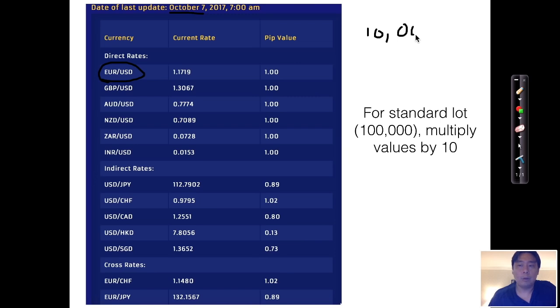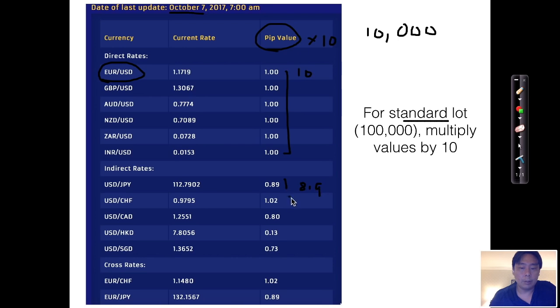Okay, so we want to look at a standard lot, which is 100,000, right? Which I talked about. So, in other words, you have to take this multiplied by 10 to get a standard lot. Okay, so 1 times 10 is $10, right? So all this would be $10. Okay, this would be $8.90, right?